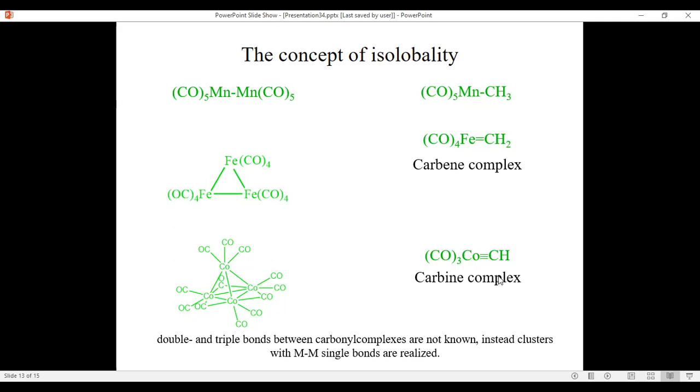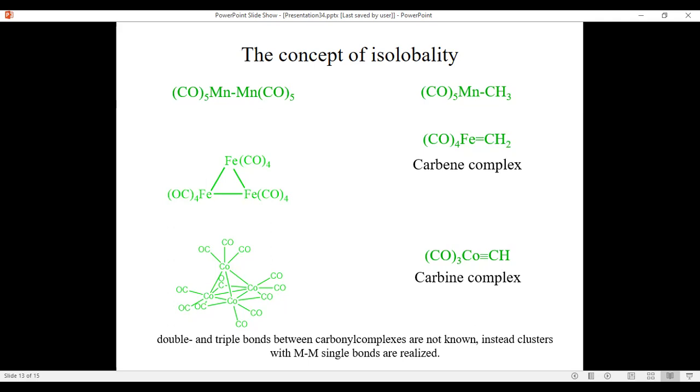So one could therefore imagine a molecule in which a CH fragment, a 5 valence electron CH fragment, would combine with a Co(CO)3 fragment to make what is called a carbyne complex. So a carbyne complex in general is a complex in which there is a metal-carbon triple bond. And indeed, nature realizes such carbyne complexes, and with the help of the concept of isolobality, we can easily understand the stability of such complexes.